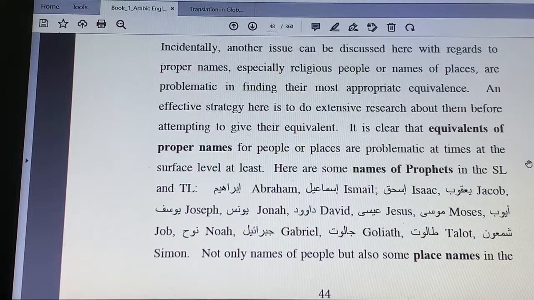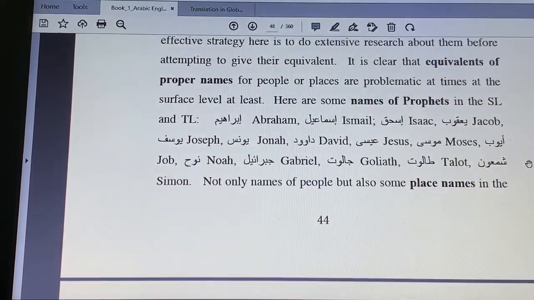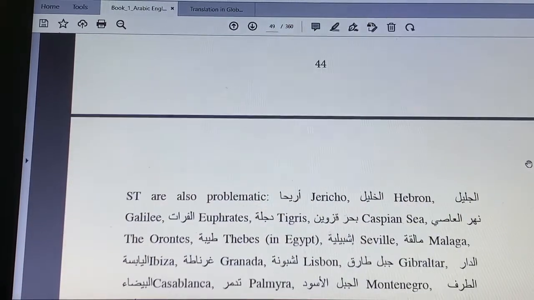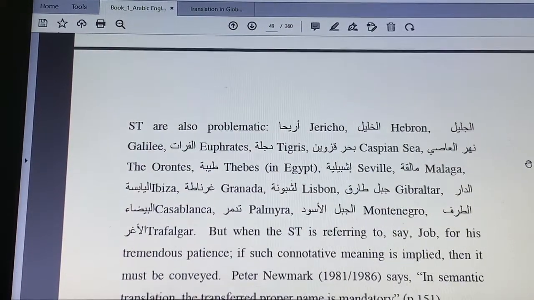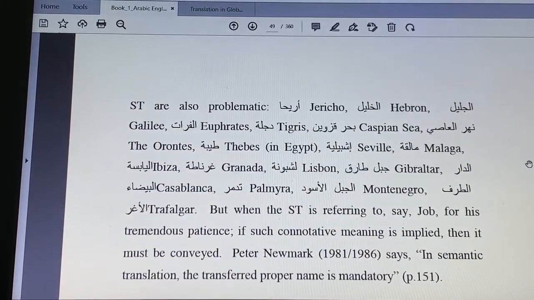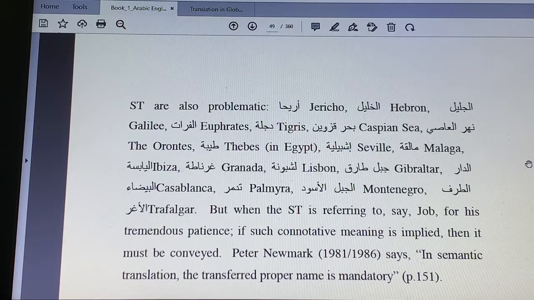So these are some of the names of these prophets, and we need to know about them. There's also an issue of places here, which is quite interesting, like Nineveh, for example, which is not in the list, of course.